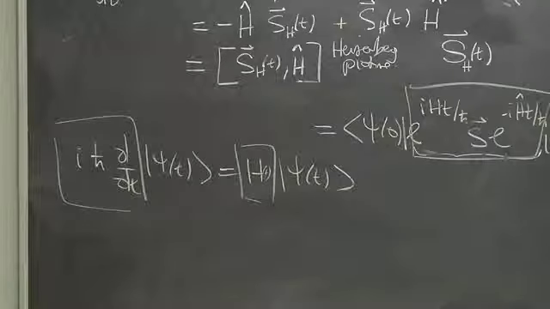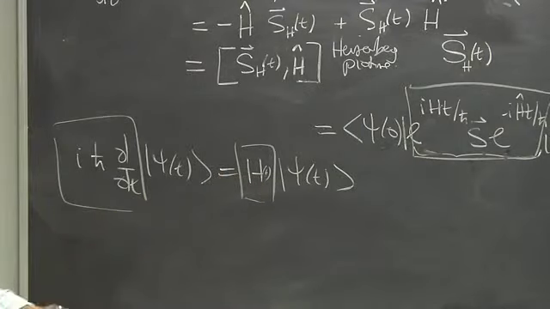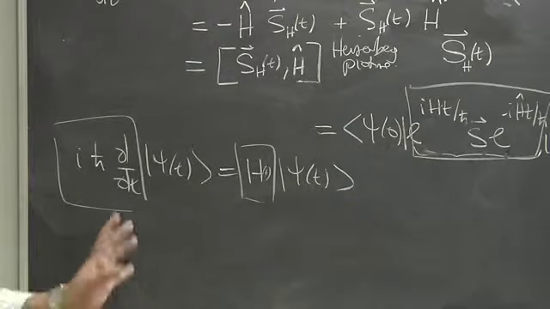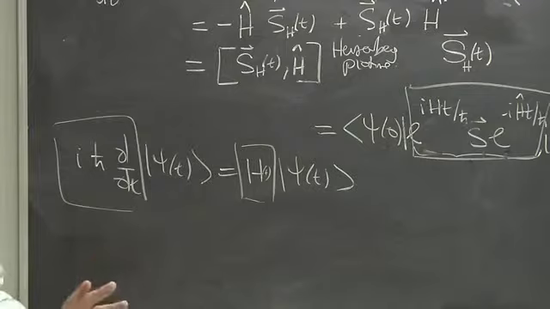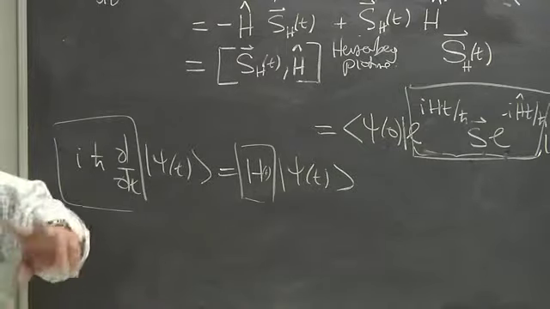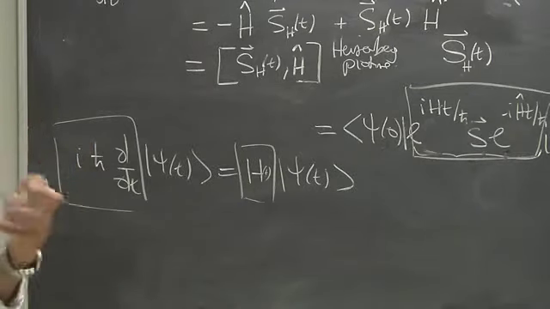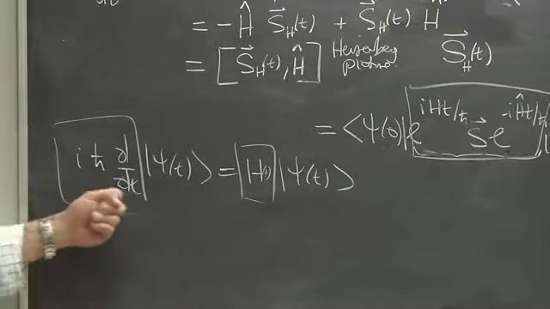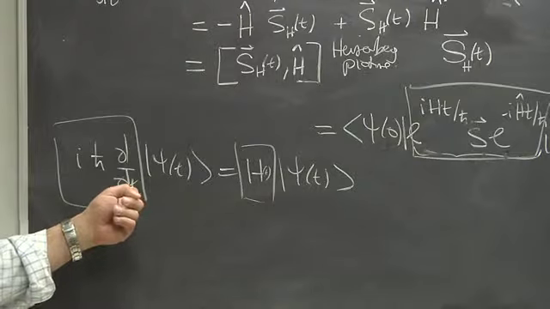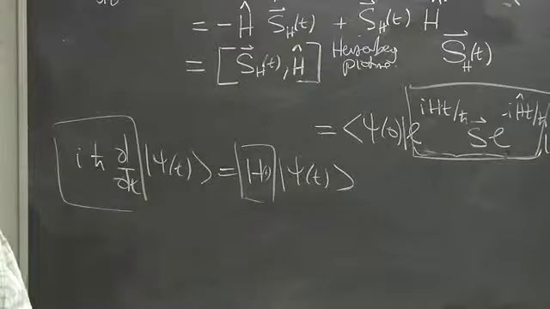But in some sense, this is just a derivative with respect to time. Time is a parameter in our quantum mechanics. It's not an operator. We have to be a little bit careful. While x and p are operators and are conjugate to each other, time and energy are a bit conjugate, but not on the same level, at least formally, as x and p. You do not consider this to be an operator. This is just a derivative with respect to time, while the Hamiltonian is an operator.